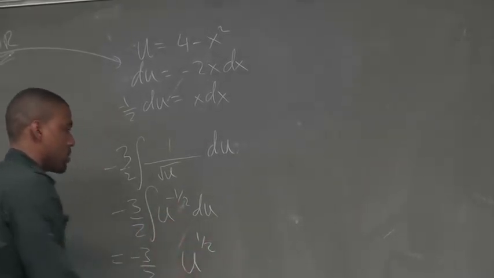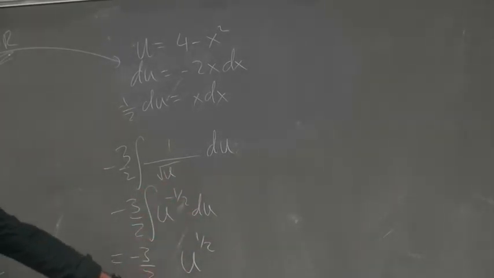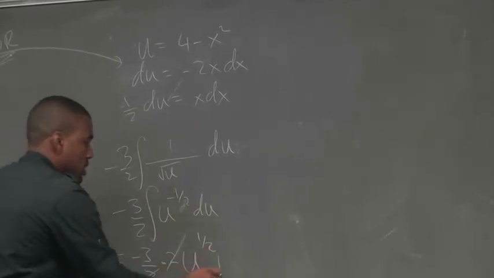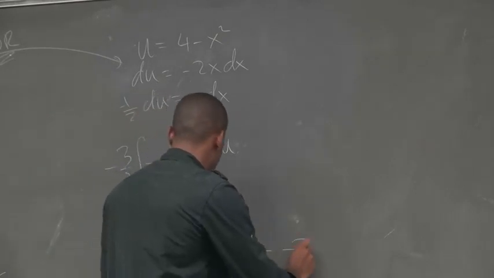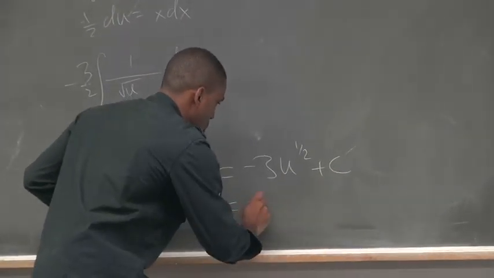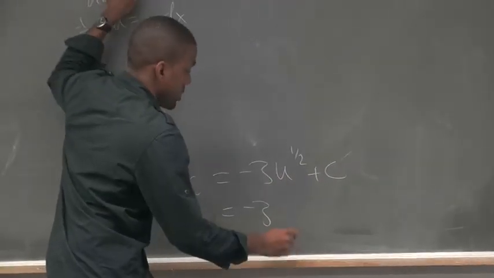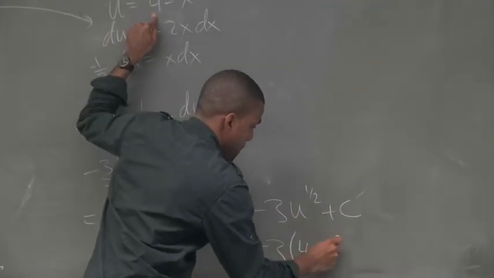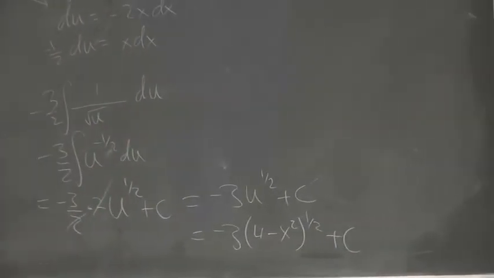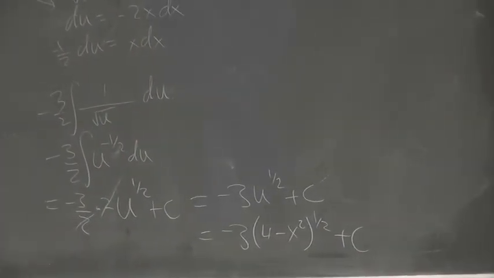U to the 1/2, because minus a half plus 1 is 1/2, divided by 1/2, which is the same as multiplying by 2. So the 2's cancel, and you just have minus 3 times u to the 1/2 plus c, where u was 4 minus x squared. Which is the same answer, but slightly a little bit more work.